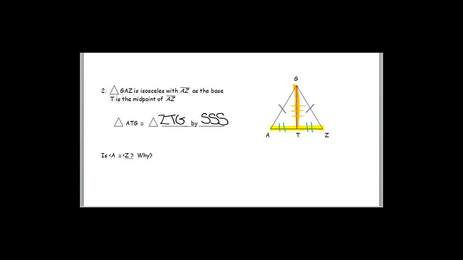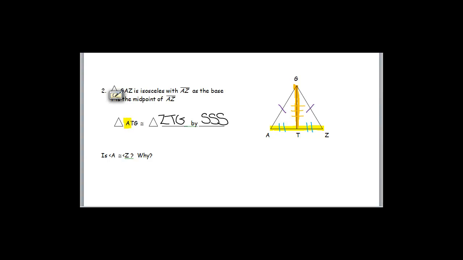Now, our next question asks, is angle A congruent to angle Z? Again, we can look at our picture, and because it's an isosceles triangle, we can determine that those angles are congruent. But another helpful tidbit is right here in our congruent sentence.